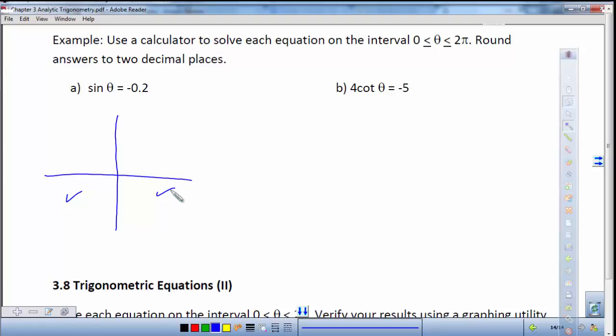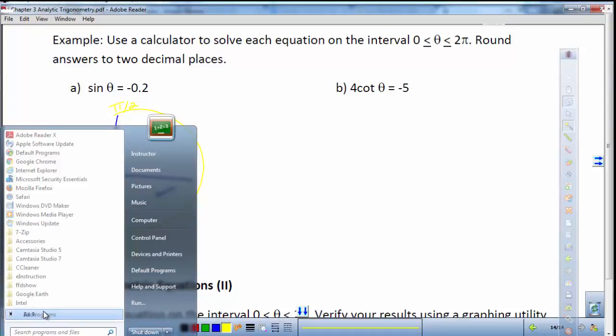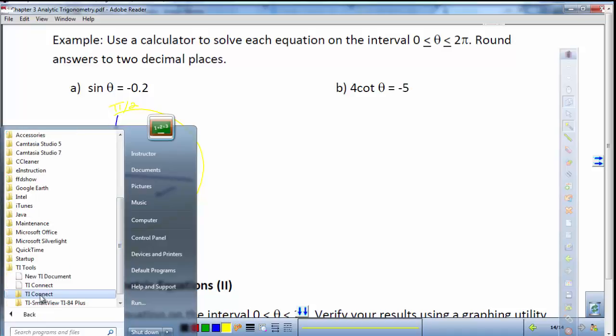But if I use sine inverse, it's going to give me an answer in quadrant 4, right? Because sine inverse is defined from minus pi over 2 to pi over 2. So that's fine, I just need to keep that in mind. Let me get my calculator.